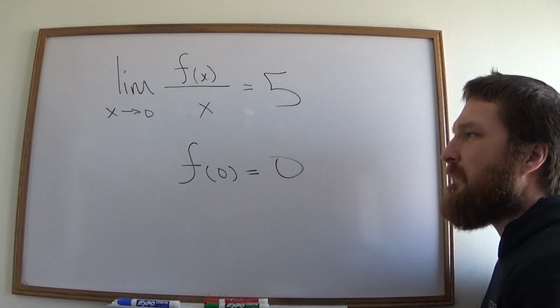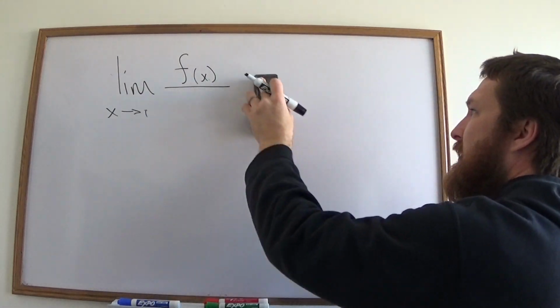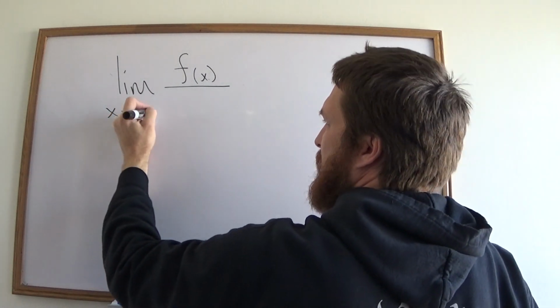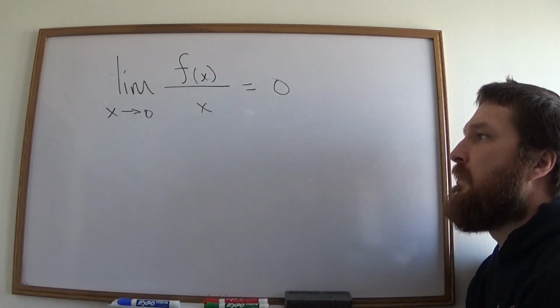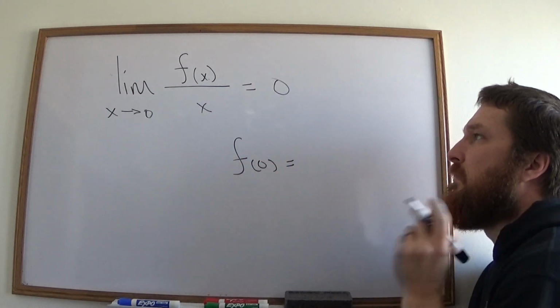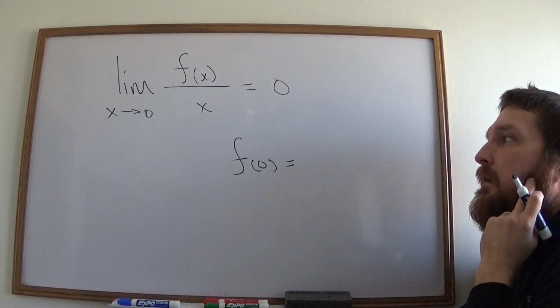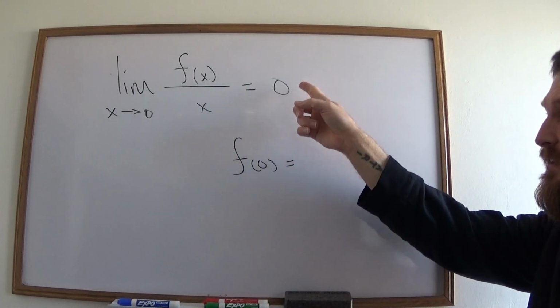Let's play around a little bit more. Let's say I tell you that the limit equals 0. What does that tell you about f of 0? It also has to equal 0. There's no difference. That's a finite number, not infinity.